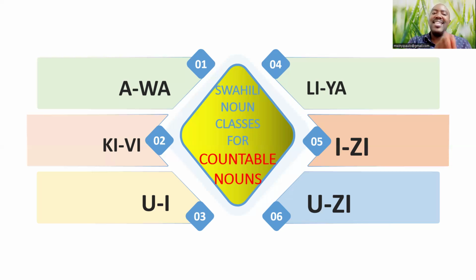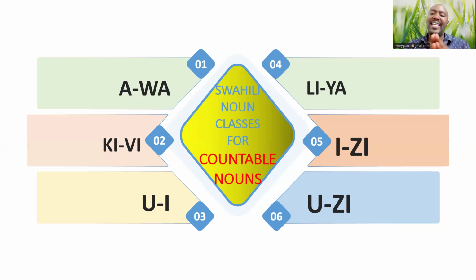The first one is wa noun class. The second one is vi noun class. The third one, e noun class. The fourth one, ya noun class.